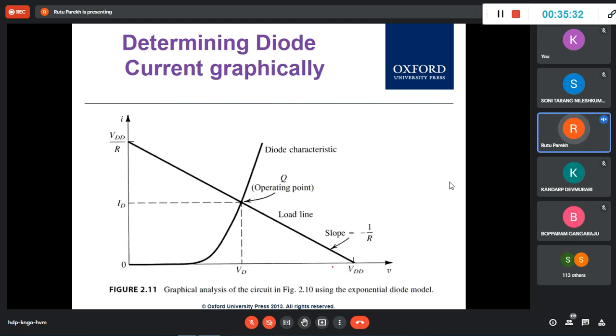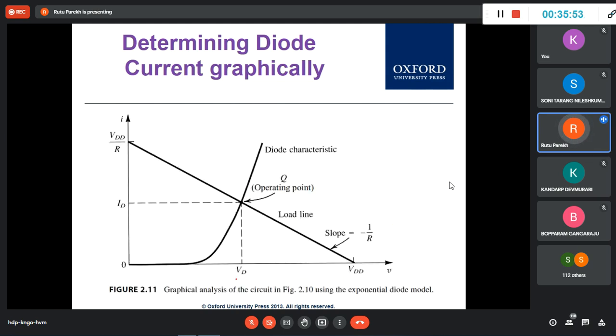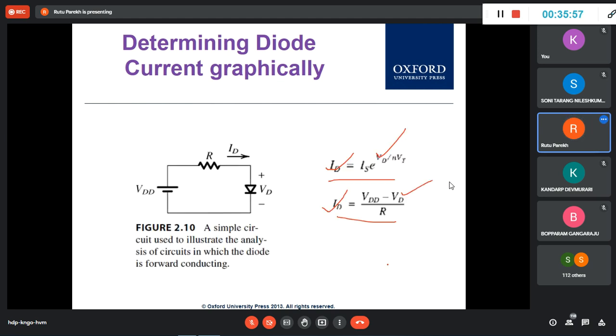Now this is your V versus I graph. And here you have this term, and this term is the voltage across the diode, and this. These two are varying. When I say V, this V is from 0 to VDD, let's say.